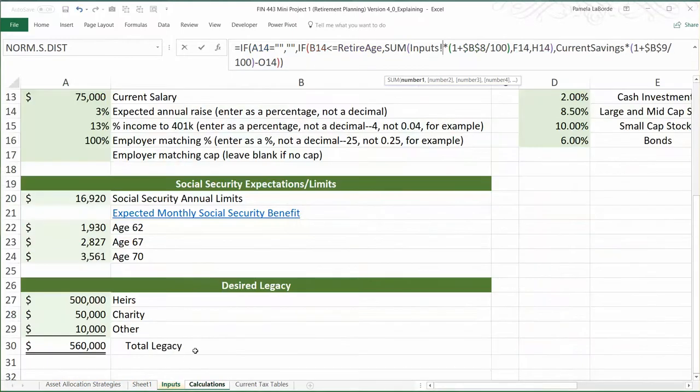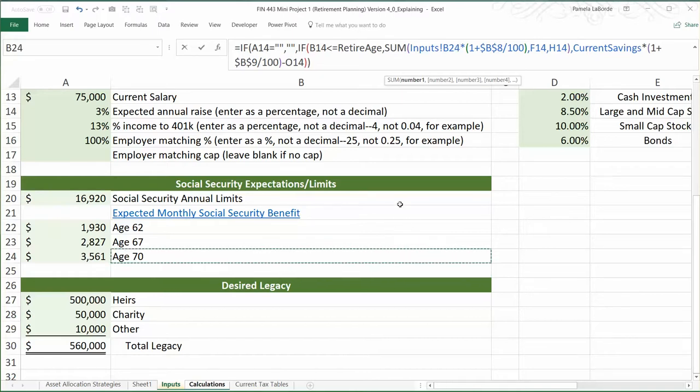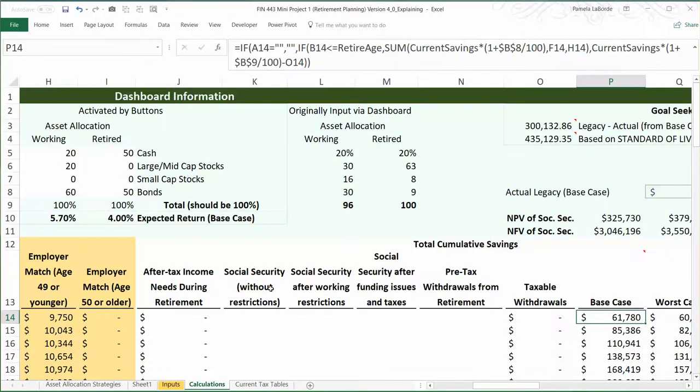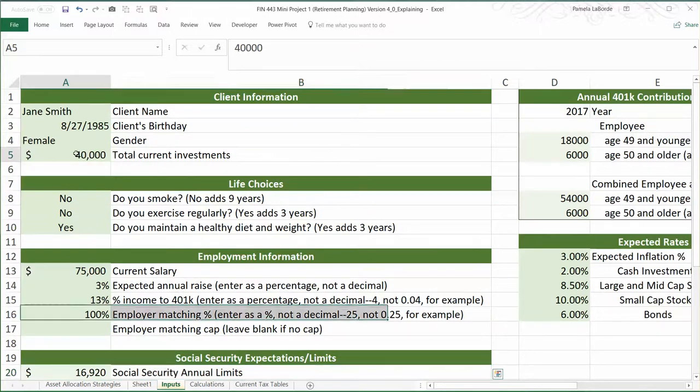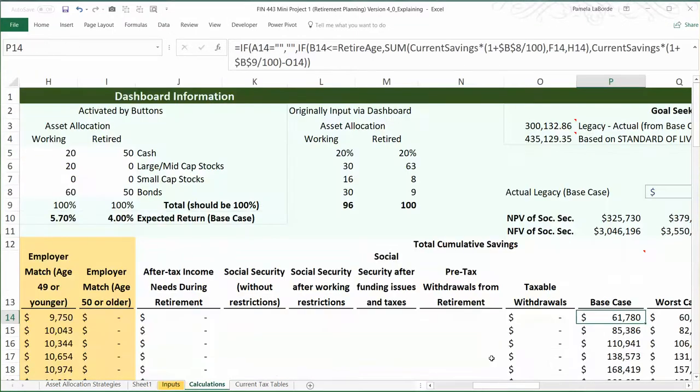So here I have their total current investments, that's what I've called current savings. So if they're working, sum their current savings, increasing it by their rate of return.